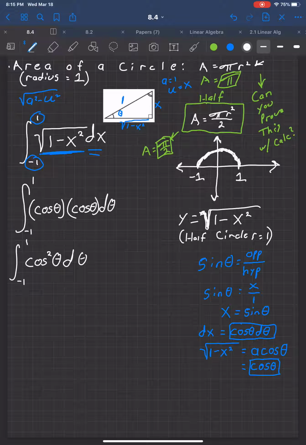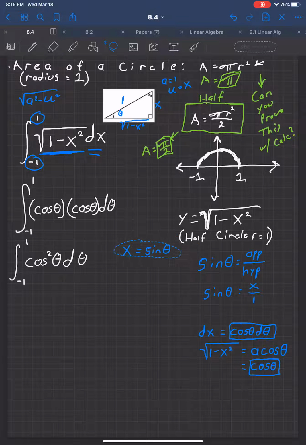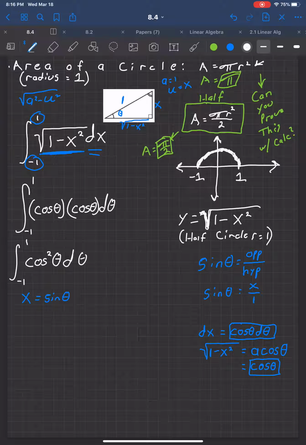Okay, so it's at this point that we need to address these bounds that are in terms of x, and we need them to be in terms of theta. And this is actually very simple if you'll just pay attention to me for just a second, right? Since x is equal to sine of theta for this problem, what I can do is set x equal to 1.